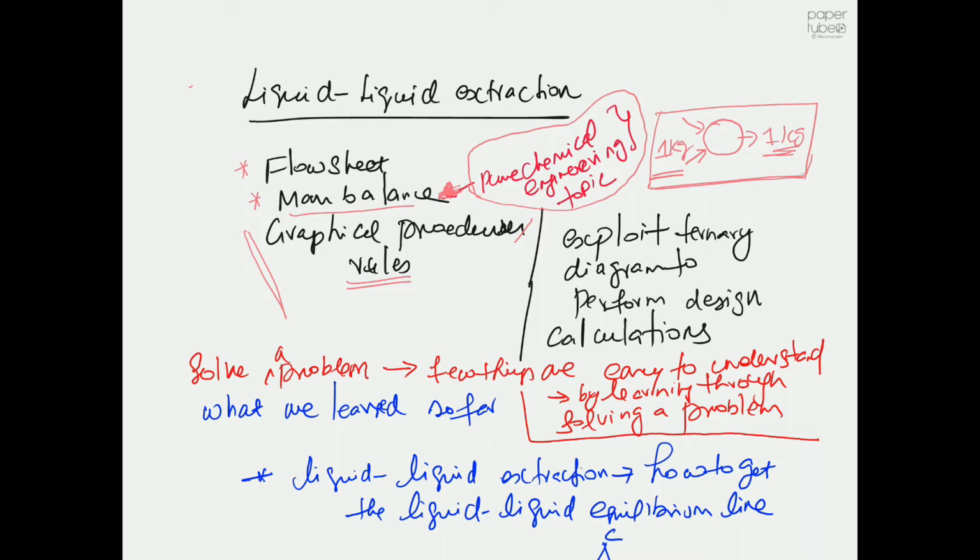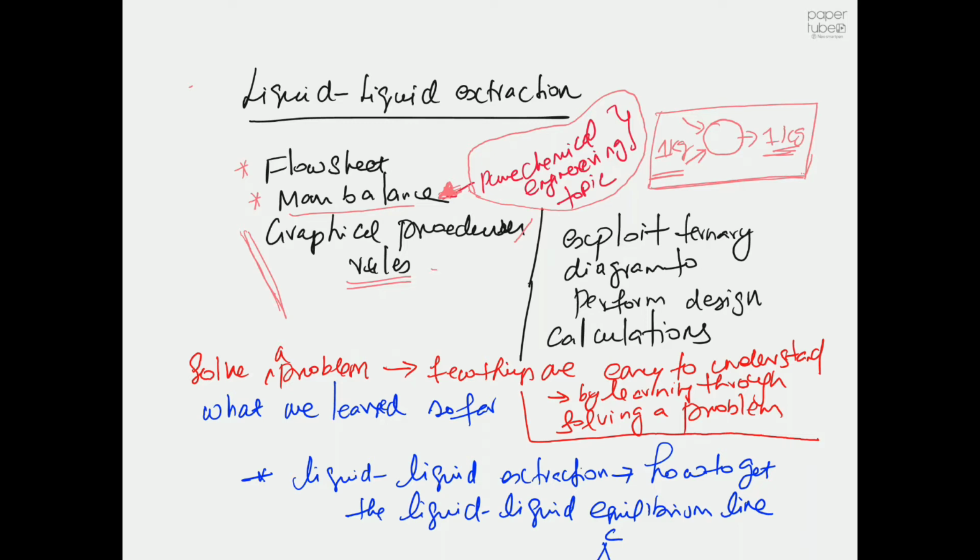The graphical procedures that we are going to cover might look a bit weird, but just assume these are some rules that are going to make your life easy. If you take it that way, then it will be easier to study.